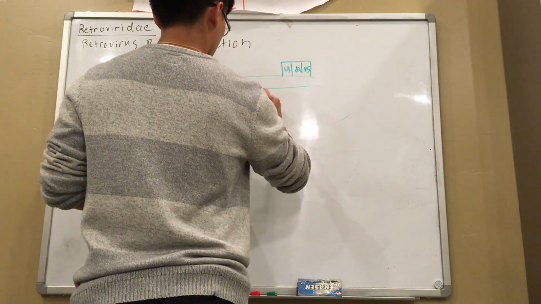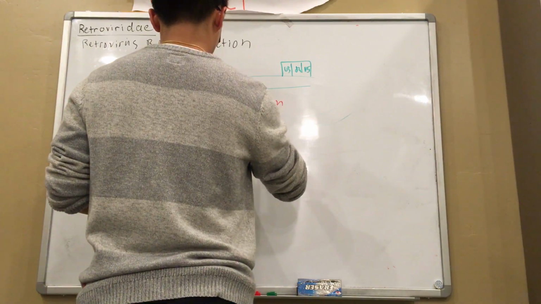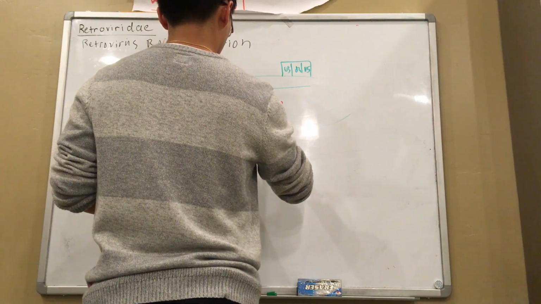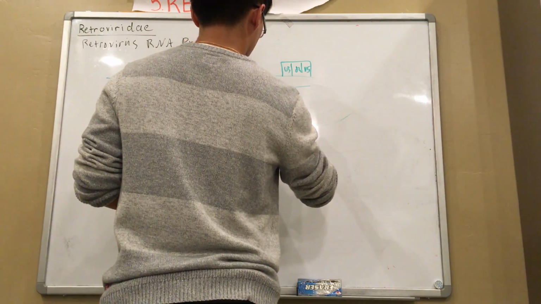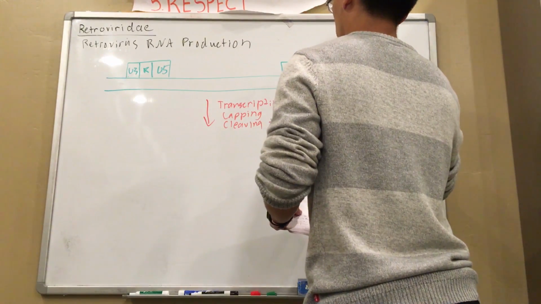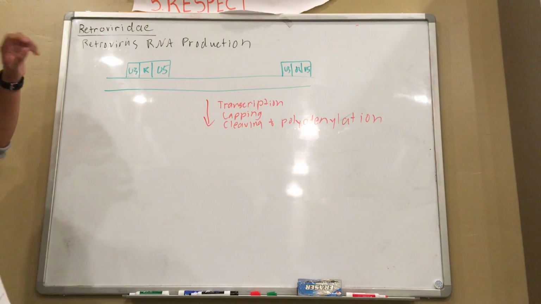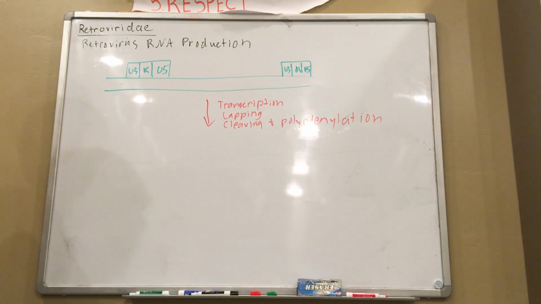transcription, capping, so you have 5' capping, cleaving, and polyadenylation. So this picture will help you understand. I will cover this when you're studying retrovirus.